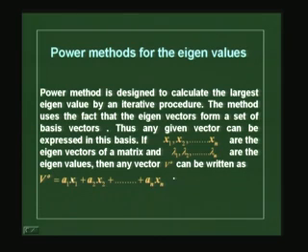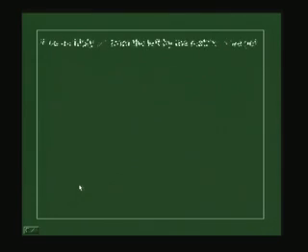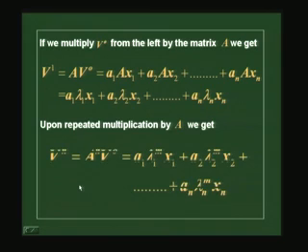And then I multiply both sides of this by matrix A. So I get A V0, and I call it V1. Remember, each of these is a column vector and A is an n by n matrix, so I can multiply this and I get this vector V1.